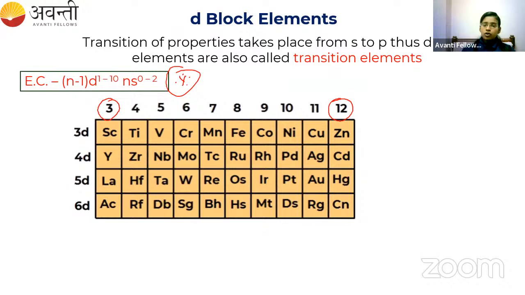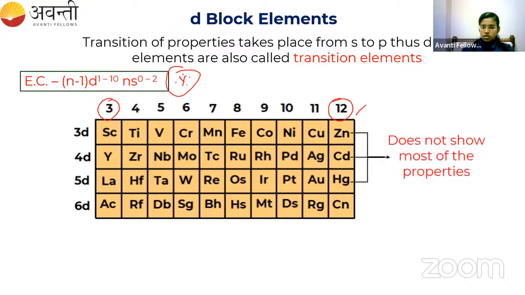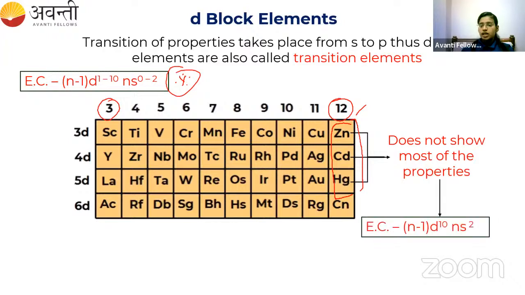If you go for the last group, which is the zinc group, zinc, cadmium and mercury, these three elements do not show most of the properties of the D block. You know why? Because of its electronic configuration. It has n minus 1 d 10 n s 2.